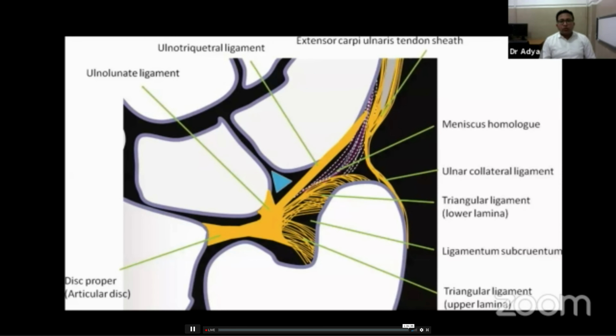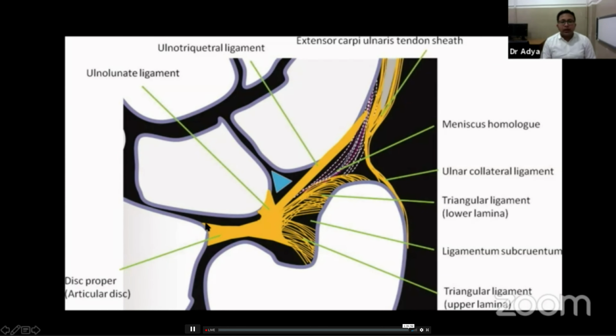So now just discussing a bit of TFCC anatomy. Now this is a beautiful schematic diagram which will explain the TFCC. The TFCC is the triangular fibrocartilage complex. It is composed of many components.